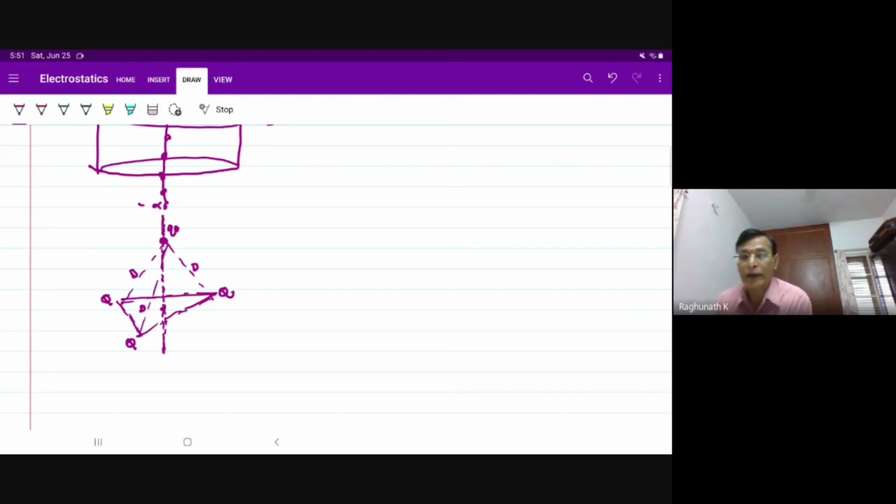Why so is the point. Each side, when it comes from that particular charge, will make a certain angle, the same angle theta from the vertical. You agree with this, no?